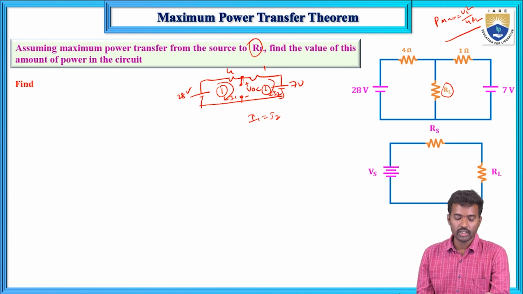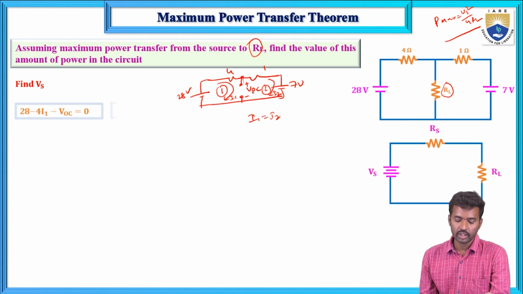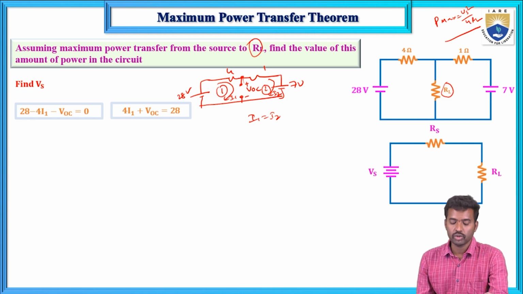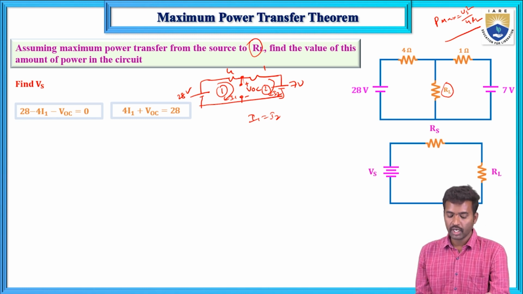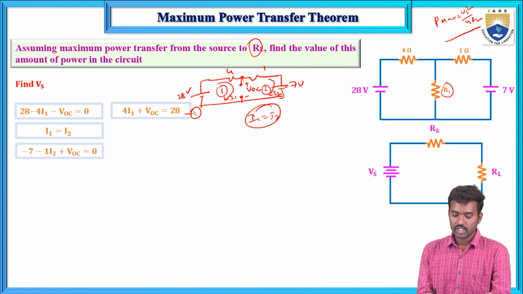If you apply KVL in mesh 1: 28 minus 4I1 plus VOC equals 0, that is 4I1 plus VOC equals 28. This is equation number 1. The second one, I1 equals I2.